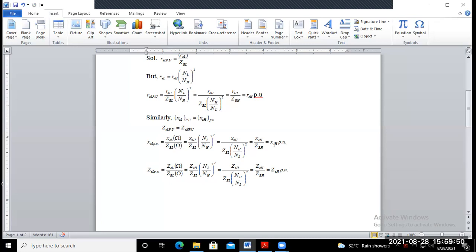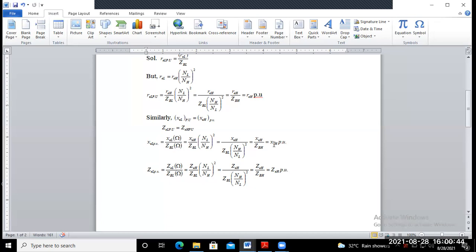Z per unit new, that means on the new base value and MVA rating, is equal to Z per unit old, given in your problem on some base voltage and base MVA, that is the old value of Z, or resistance, or reactance in per unit, times MVA new divided by MVA old, times kilovolt base old divided by kilovolt base new, whole square.